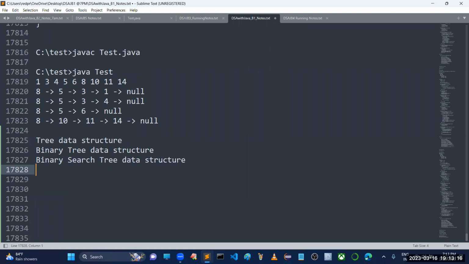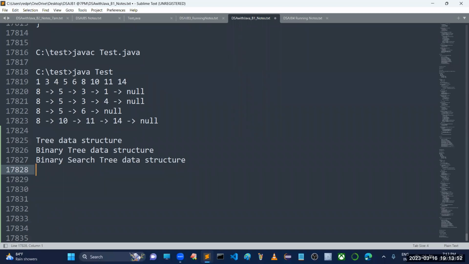The left subtree values should always be less than the root node, and right subtree values should always be greater than the root node. With that principle, we insert the data, and with that principle, we retrieve the elements from the binary search tree. That part also we discussed very clearly in our last videos.